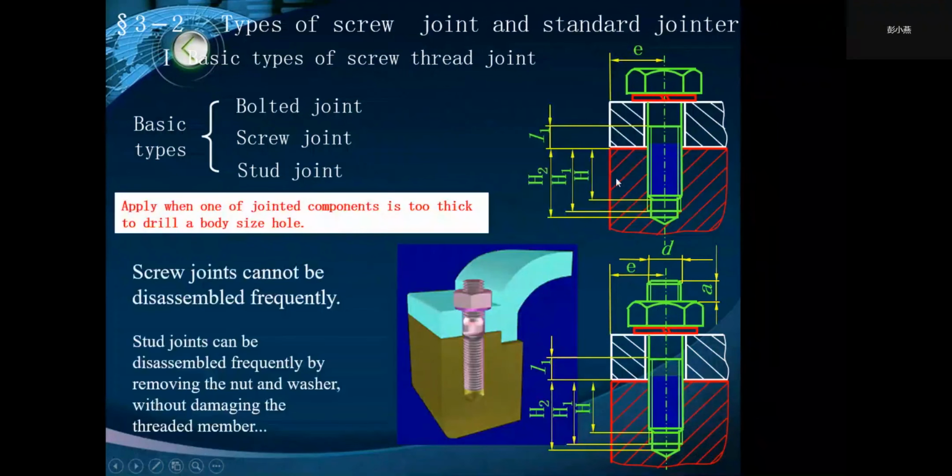These are applied when one of the joint components is too thin to drill a body-size hole.